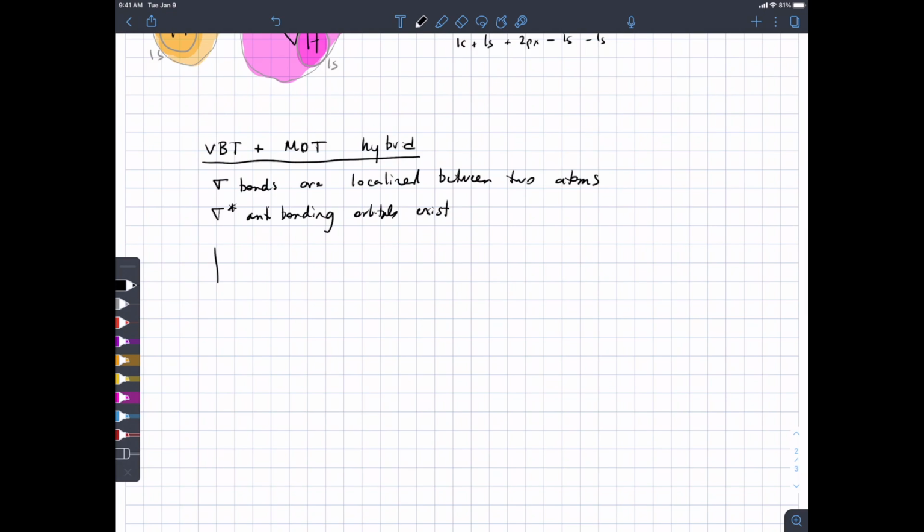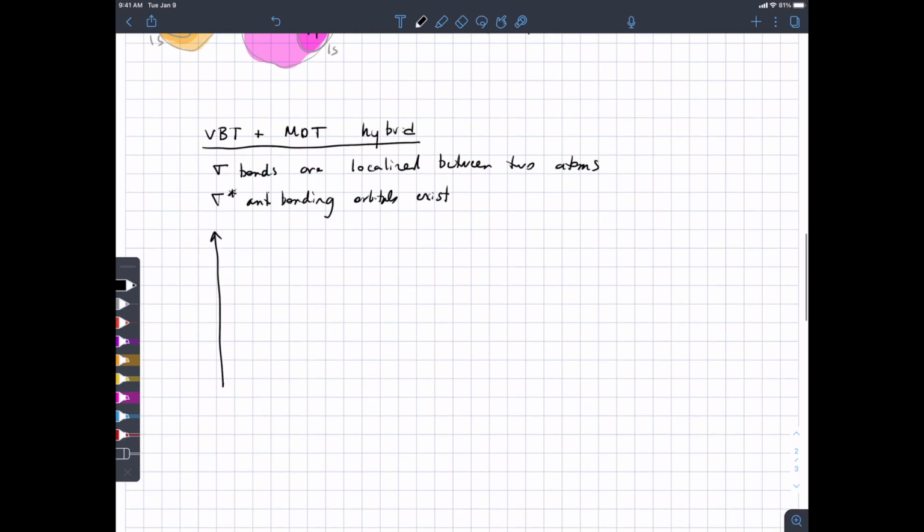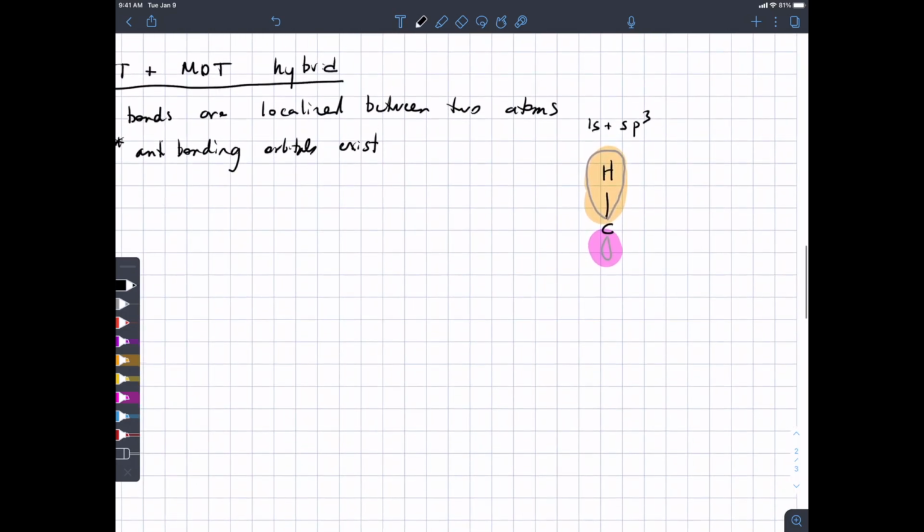So our valence bond theory picture is going to give us the same origin of the sigma bond between carbon and hydrogen, that is, overlap of a 1s orbital on hydrogen with an sp3 orbital on carbon.